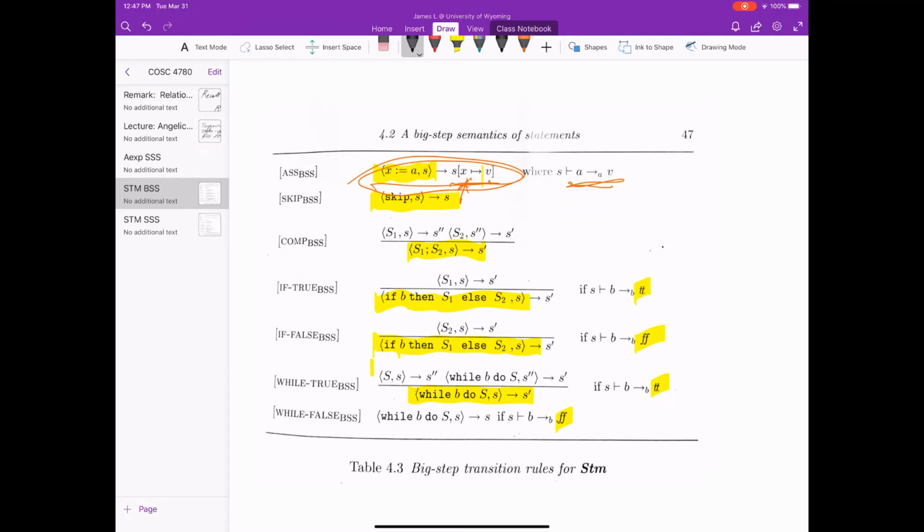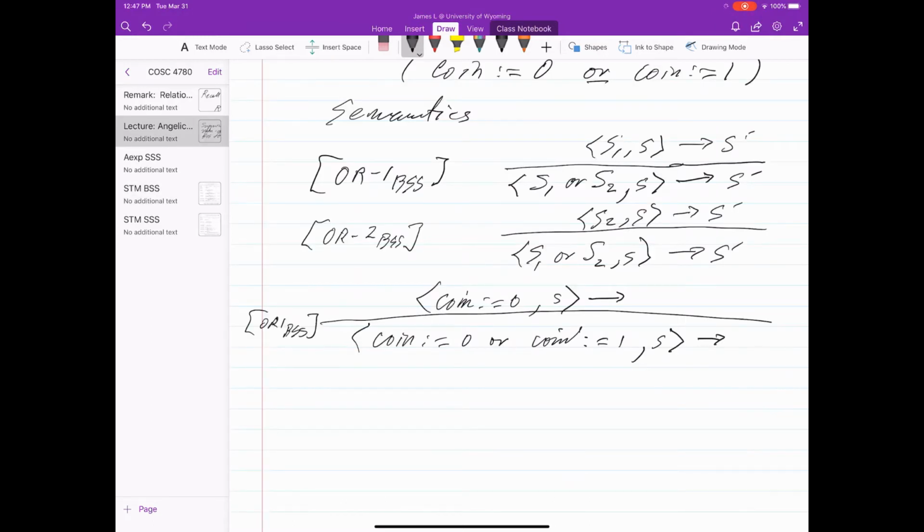So this goes to S, where coin gets the value of 0. And if we call this thing S prime, then it goes to S prime here.